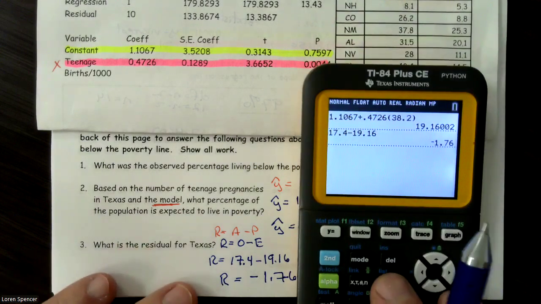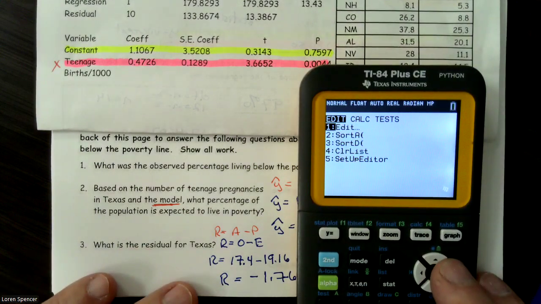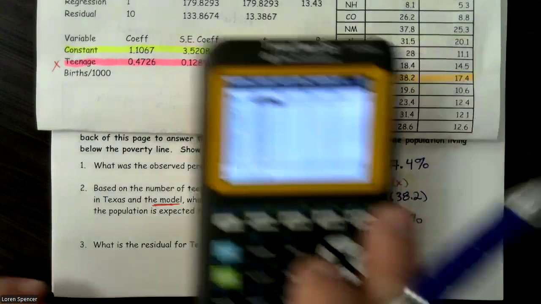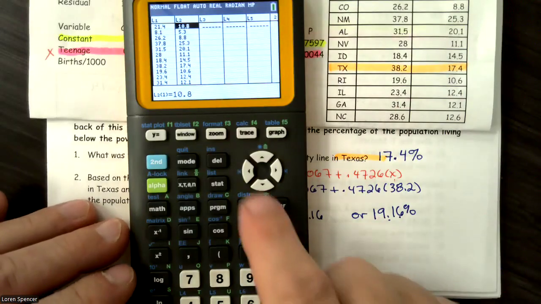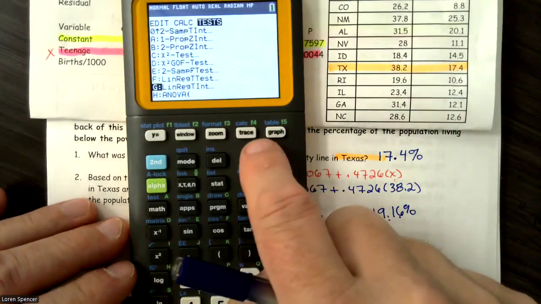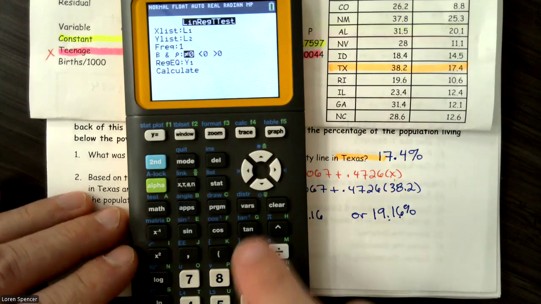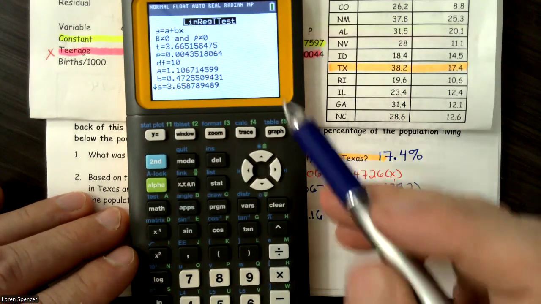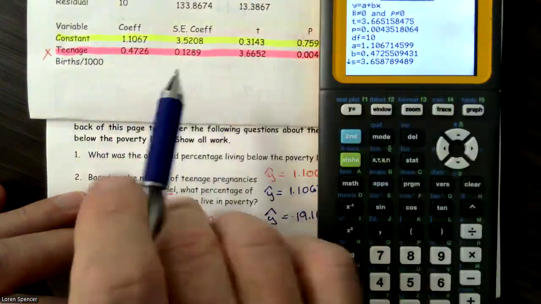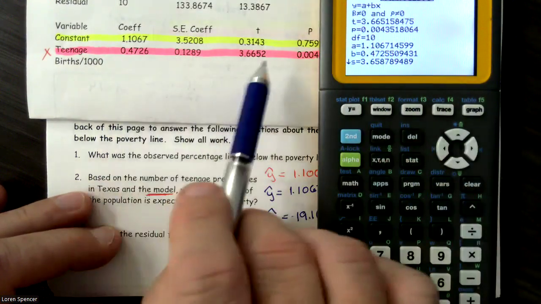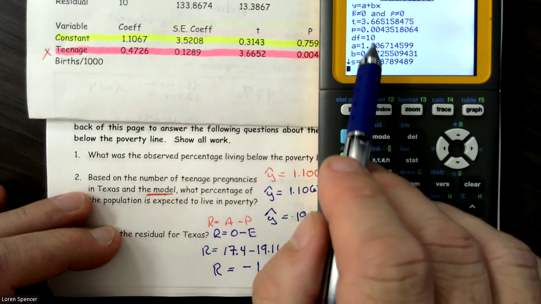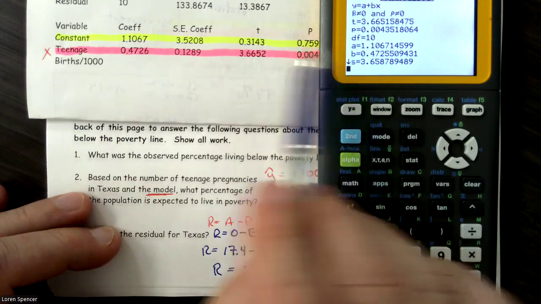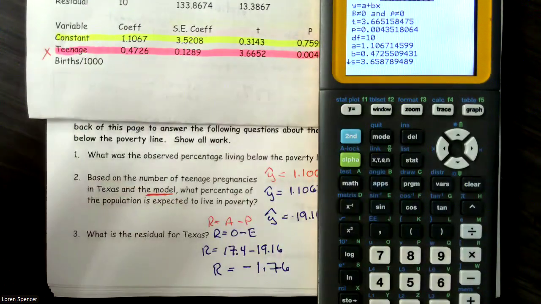Real quickly, I could have gone to stat and edit, entered the data, which I did, then gone to stat test, linear regression t-test, alpha trace, and I get all this information: my t statistic, degrees of freedom, y-intercept, slope, and standard deviation of the residuals.